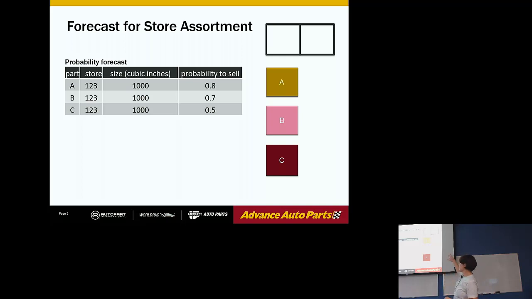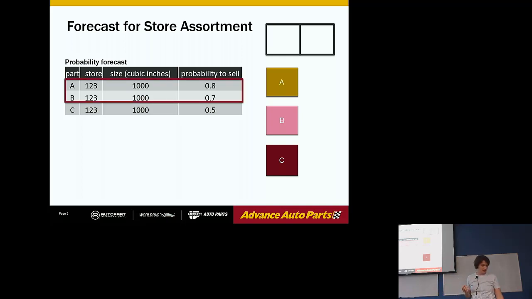They exactly fit our items. So we have A, B, and C. Probability to sell them is 0.8, 0.7, 0.5. We have only two spaces, so our assortment says, okay, I'm choosing the two items which have the highest probability to sell. So A and B go on the shelf, C is not there.